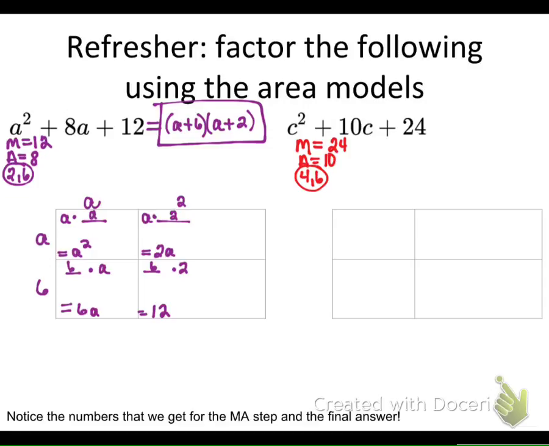Okay. So that 4 and 6 become my areas on my top right and bottom left. I'm going to do 4A because the variables are A, 6A. What's the area of my bottom right? 24.